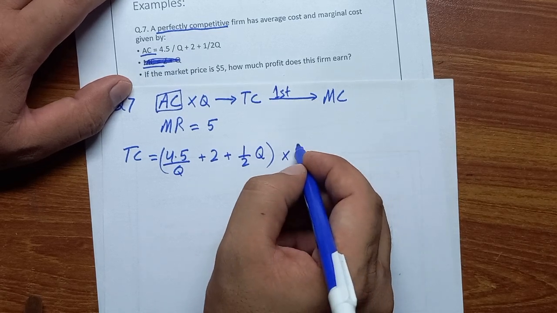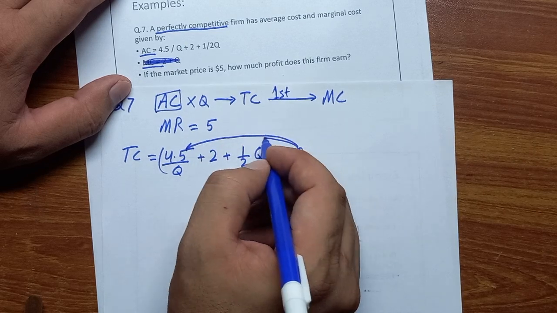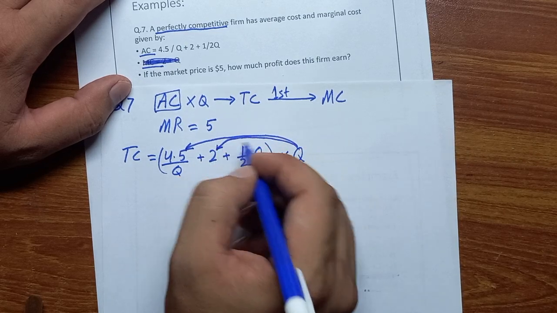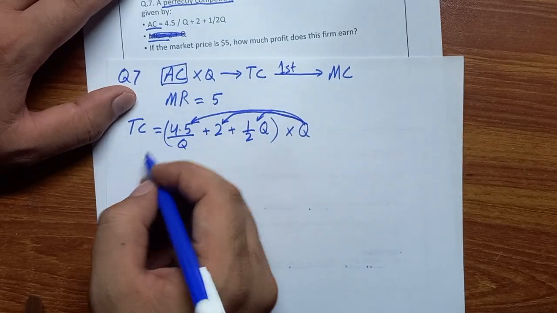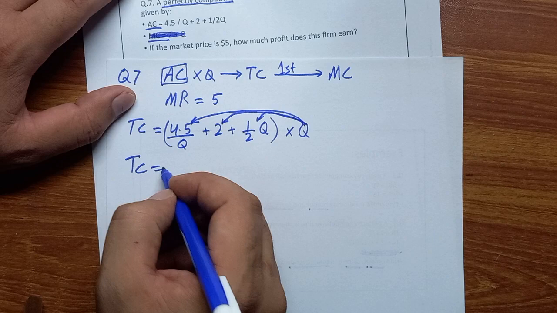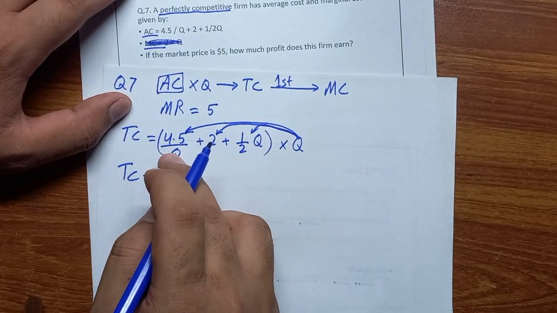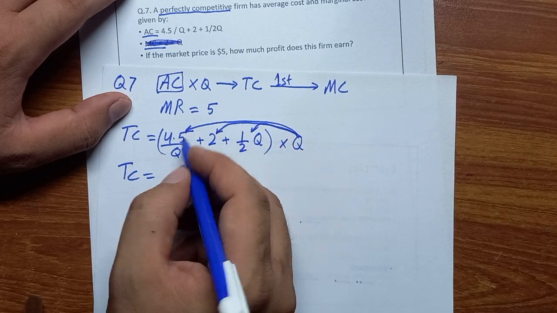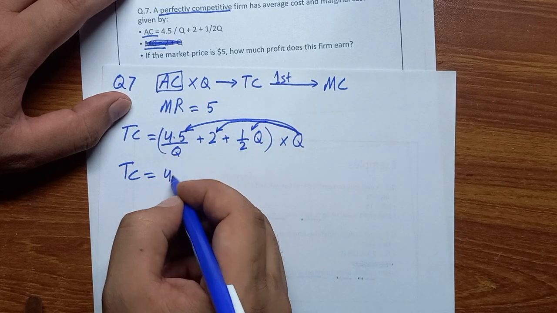When we multiply Q with this portion, we also multiply with this portion. So TC is equal to, when we multiply Q with this portion, one is divide and one is multiply, they will cancel each other. We will have only 4.5.